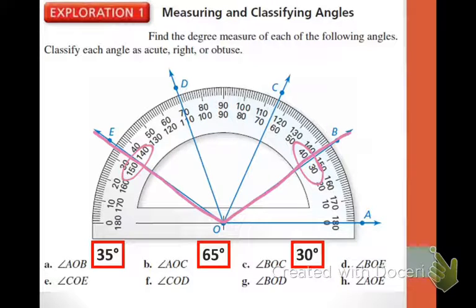So we'll start with E. What number is E at? 145. What number is B at? All right, so then what do we do with these numbers? So what is 145 minus 35? 110, which makes it obtuse. So make sure you're writing in acute and obtuse with it. Make sure you're writing in acute and obtuse.